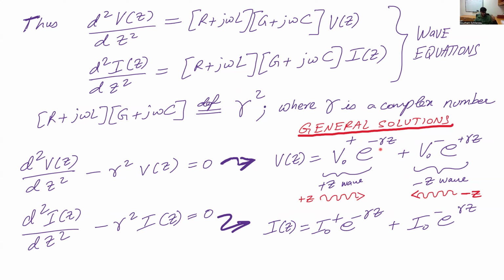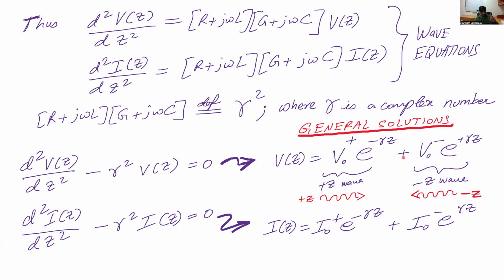Since γ is a complex number, it can be written in its real and imaginary parts as γ = α + jβ. The α term is going to cause an attenuation of the signal as it propagates along the length of the link, because it's going to be e^(−αz), which means the voltage is exponentially decaying as it travels along the link.